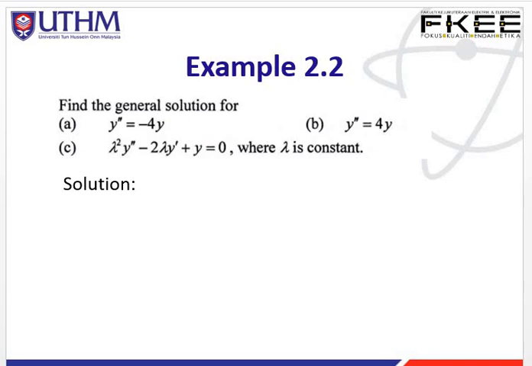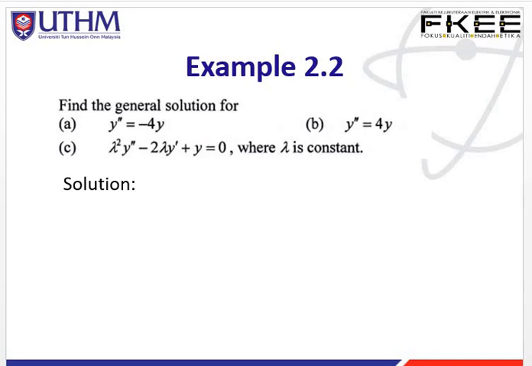When we factorize it, what do we get? m is equal to plus minus the square root of 4, which is 2 or negative 2.